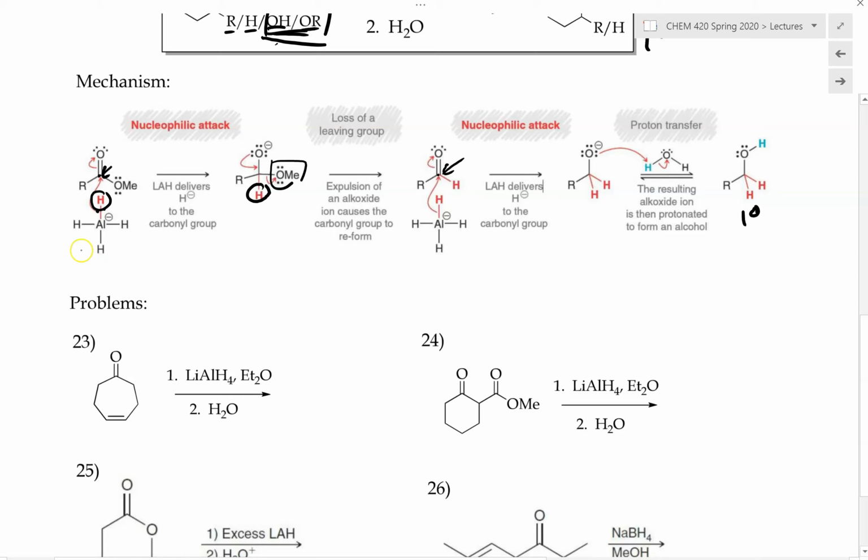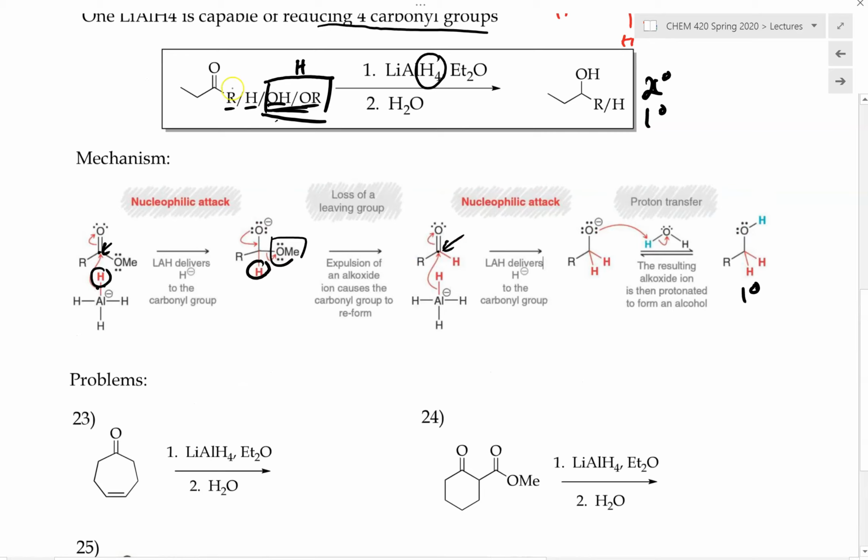So an ester is converted into a primary alcohol by undergoing the addition of the hydride twice. If we have an aldehyde or a ketone, it undergoes the reduction only once, so only one hydride is added. Whereas up to two hydride molecules are added to the carboxylic acid and the ester functional group.